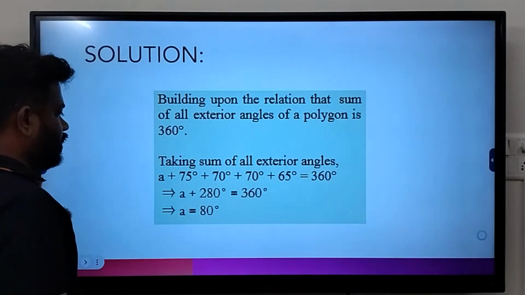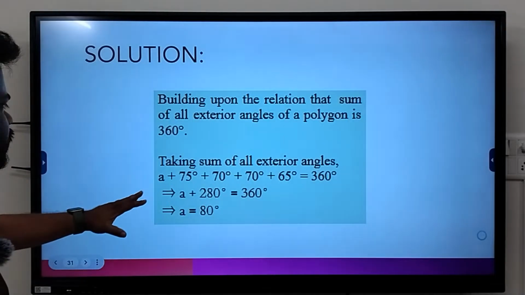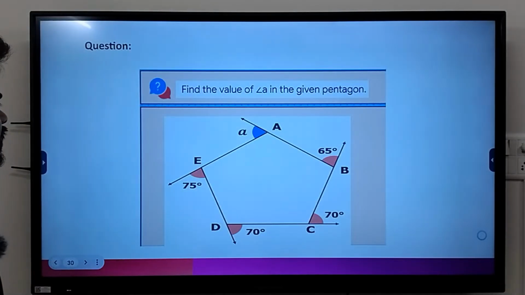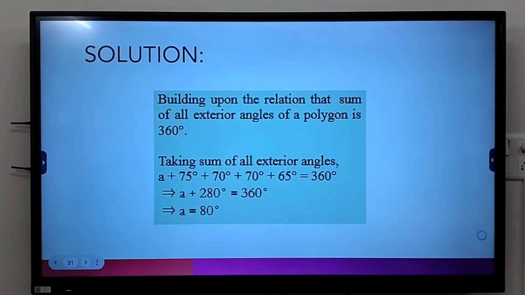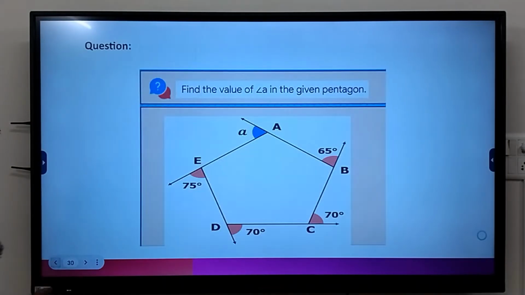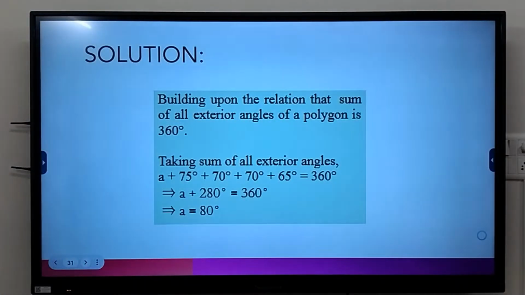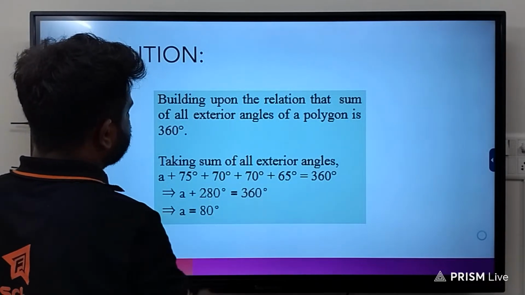Oh, sorry, maybe we have made a mistake. Yes, 65 and 70. So 70, 70, 140, and this will also be 70, 70.